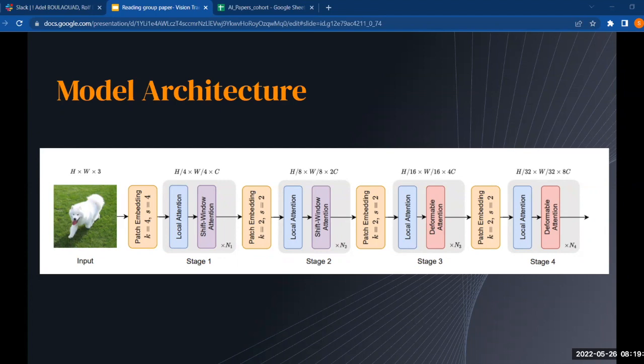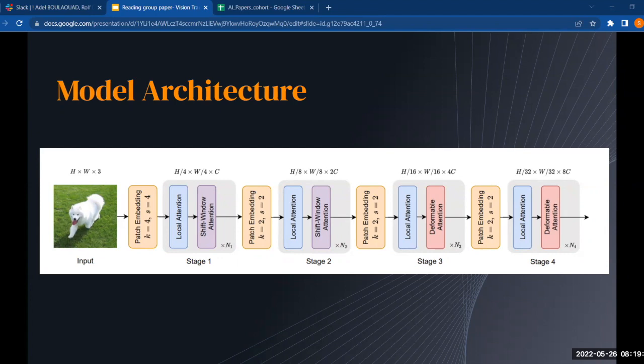So keeping in mind the hierarchical feature pyramid, the backbone includes 4 stages. These stages progressively increase in stride. Between 2 consecutive stages, there is a non-overlapping 2x2 convolution with stride 2 to downsample the feature map so that the spatial size is halved and the feature dimensions are doubled.